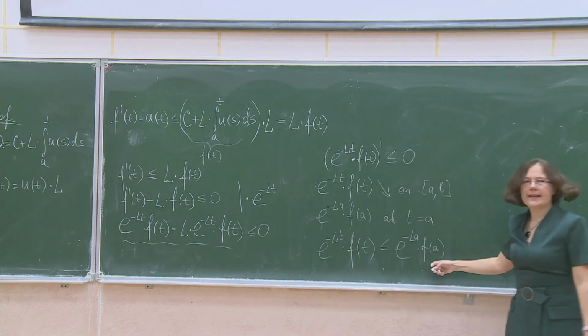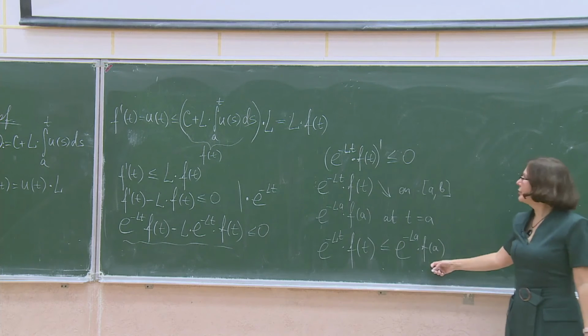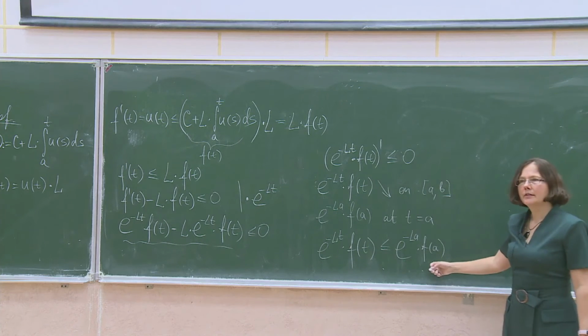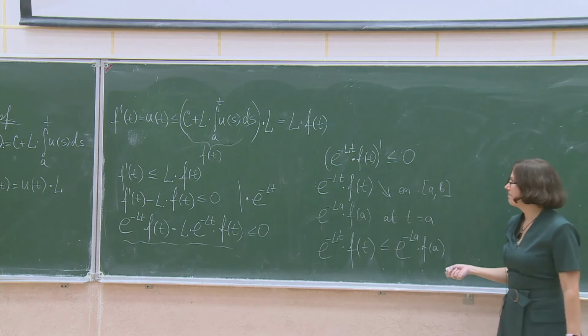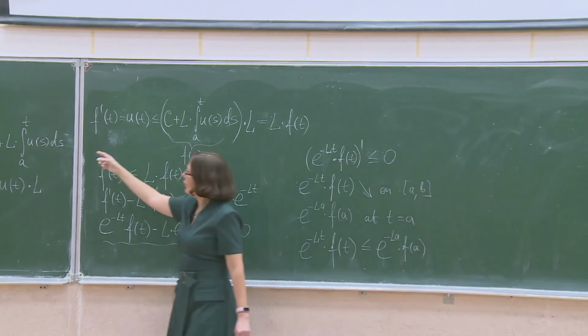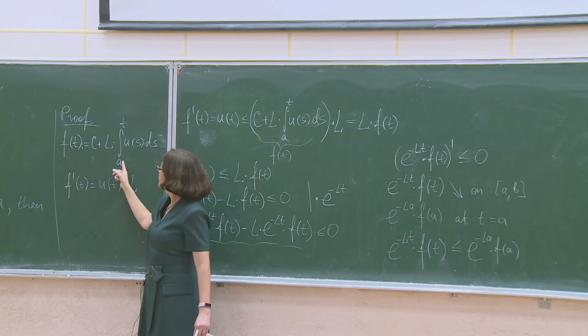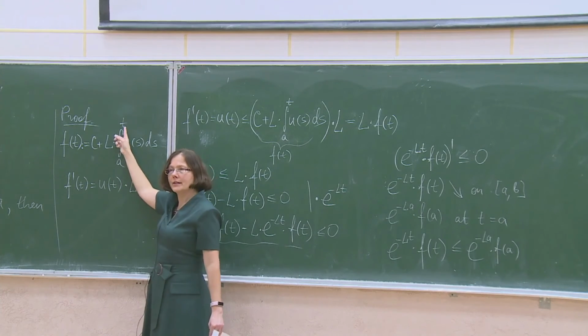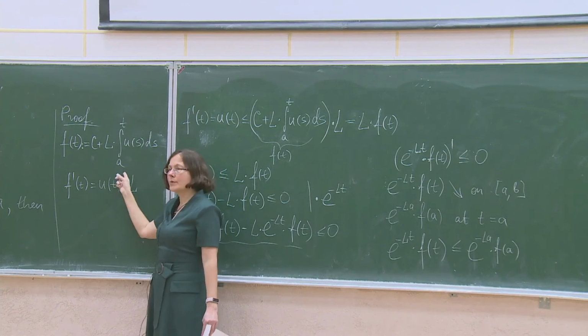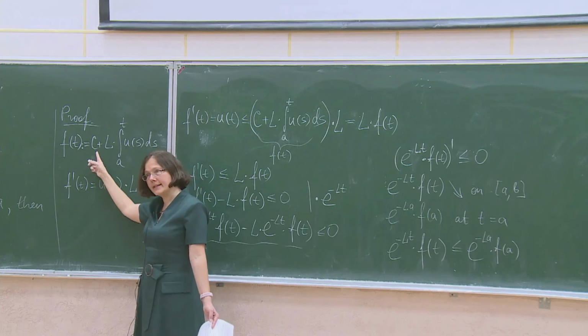Okay, so what is f of A? Can we compute f of A? Look at the definition of our function. What is f of A? So we must integrate from A to A. So this integral would be 0, and so f of A is c.